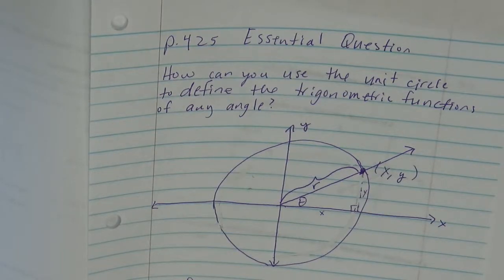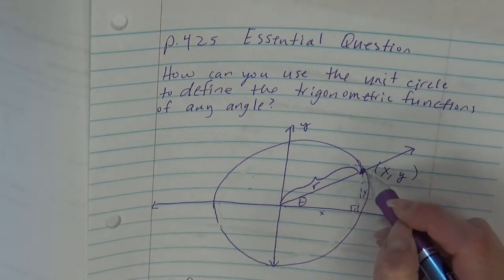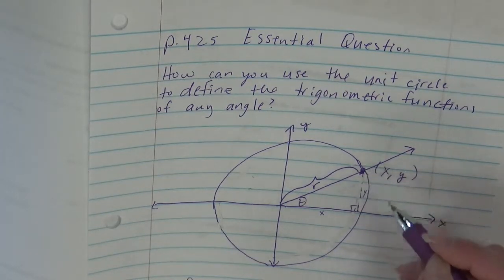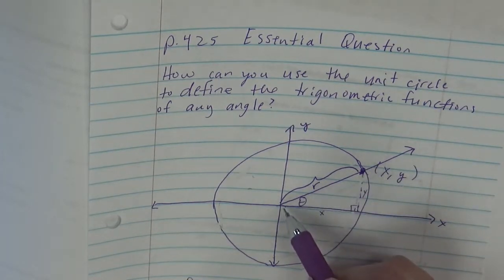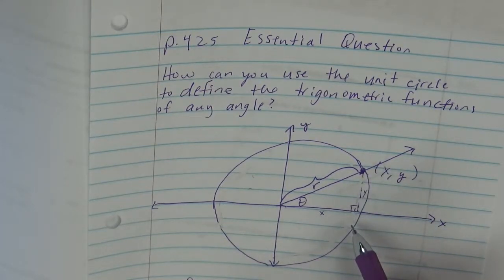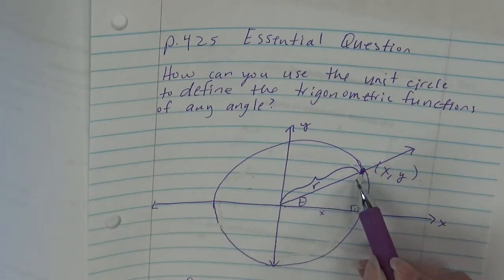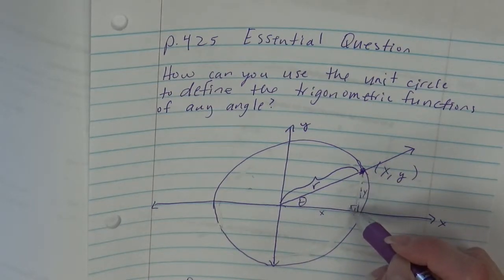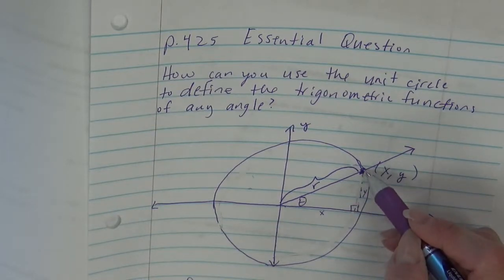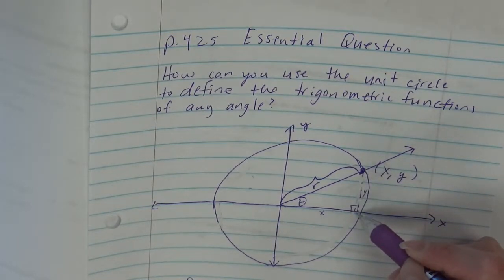To help us make sense of this, I drew my unit circle again. My radius is going to be 1, and I've got coordinates for whatever this x and y value are. Since the circle is centered at the origin, we can draw a triangle inside here so that the radius 1 corresponds to your hypotenuse, and then you can create a 90-degree angle down here where this point comes down and meets the x-axis.